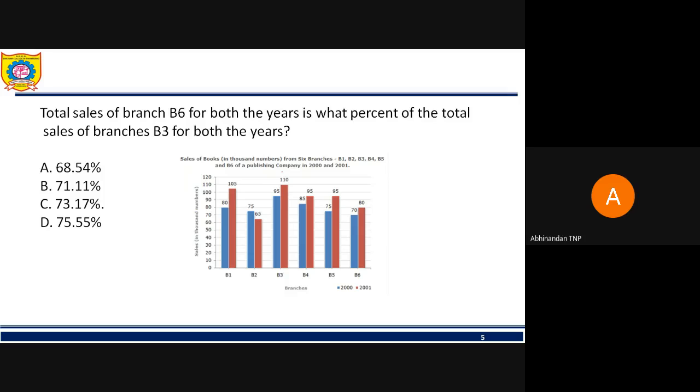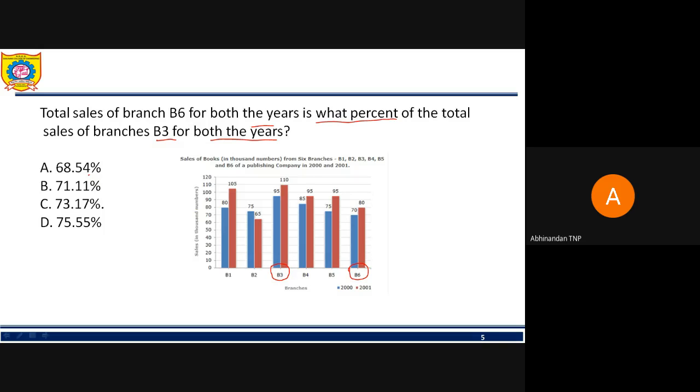The total sales of the branch B6 for both the years is what percent of the total sales of the branch B3 for both the years? So this is B6, and this is B3.